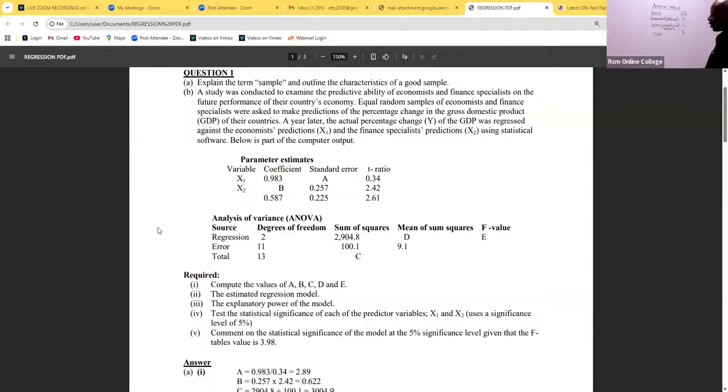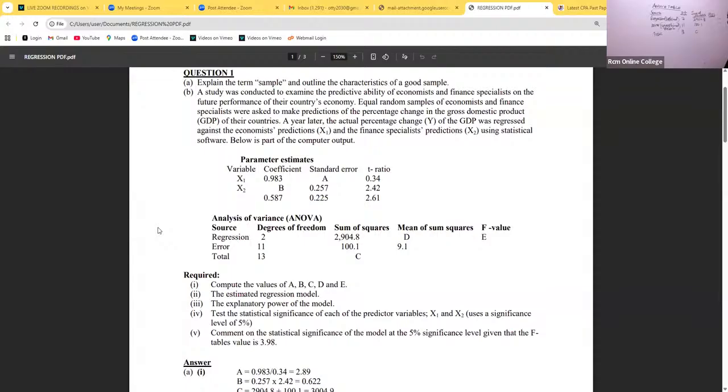And then we have what they're calling sum of squares. So sum of squares, what do we have here? 2904.8, 100.1, and C. And then we have what we are calling mean sum of squares, MSS.